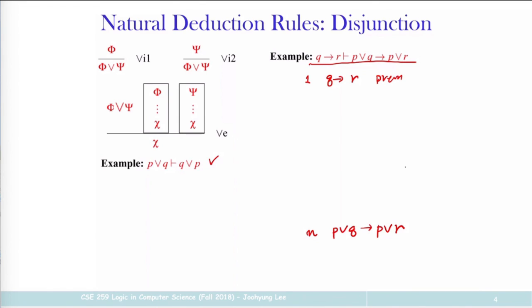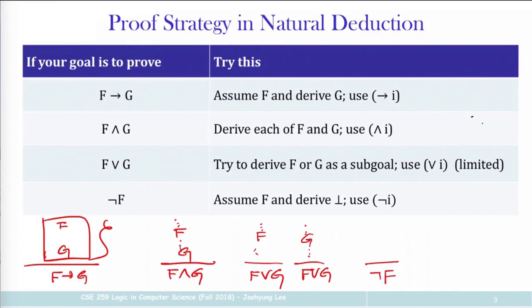Implication introduction rule, yes. So what that means is you need a box, and inside the box, what is the first line of this box? Let me repeat what we had. Our goal is F implies G. So in order to do that, this is the trick that we can do.